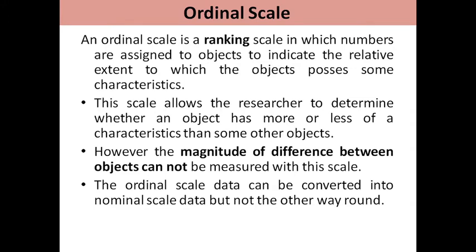Next, I'm going to discuss ordinal scale. An ordinal scale, so from the name or from the term you can guess: order. So maintaining an order, or there is an arrangement. It may be an ascending order, or it may be a descending order, or it may be some other order also. Now an ordinal scale is a ranking scale in which numbers are assigned to objects to indicate the relative extent to which the objects possess some characteristic.